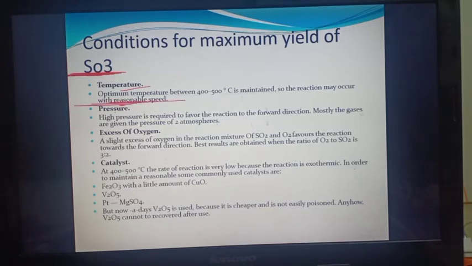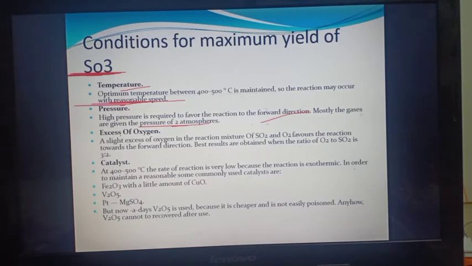Then it is pressure. A very high pressure is required to favor the reaction in the forward direction, and mostly it is around 2 atmospheres.